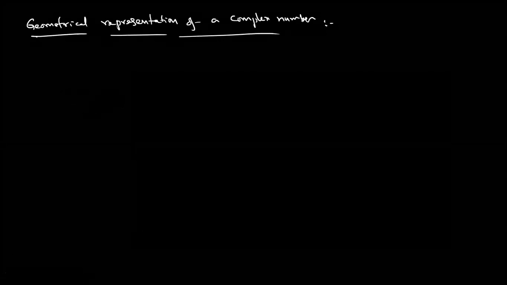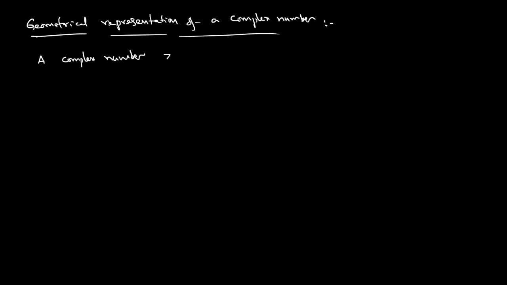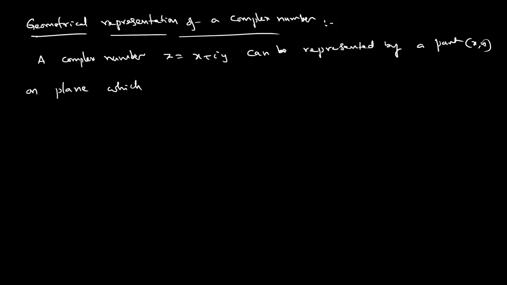A complex number Z equal to x plus iy can be represented by a point (x, y) on a plane, which is known as the Argand plane. Is that clear to all of you? Argand plane.